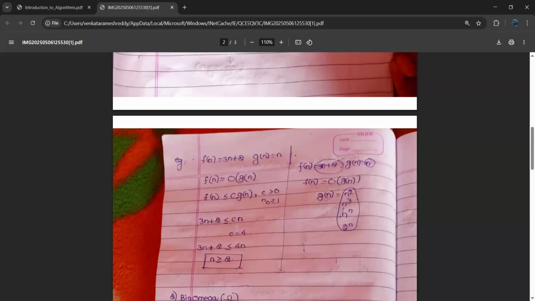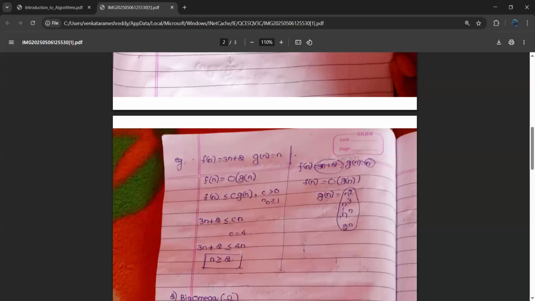With c equal to 4, our condition will be satisfied and it will become f of n equal to big O of g of n. So we have to take c equal to 4. Whenever you take c equal to 4, 3n plus 2 is less than or equal to 4 into n. Now take the value of n and check the condition.